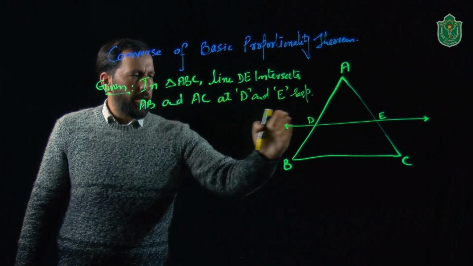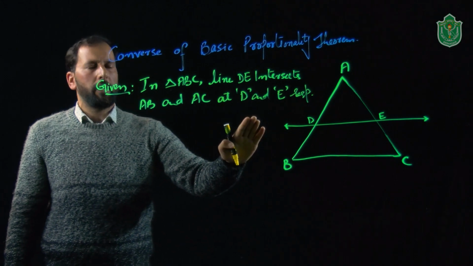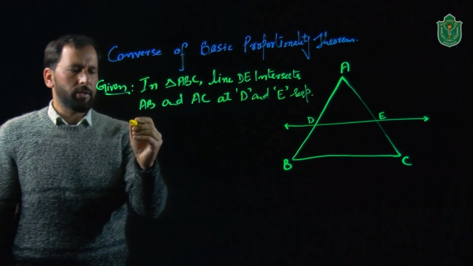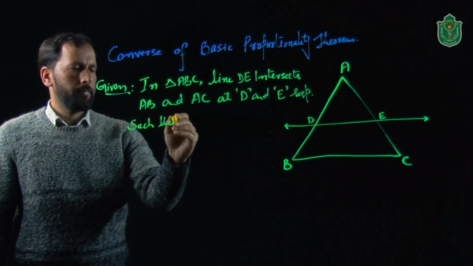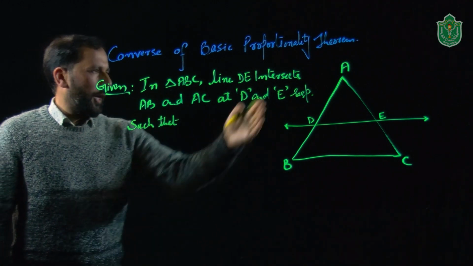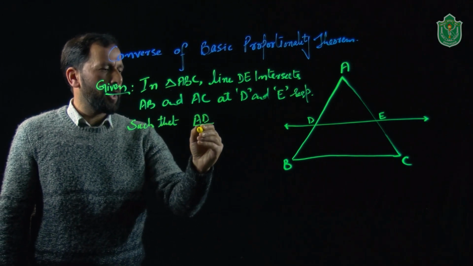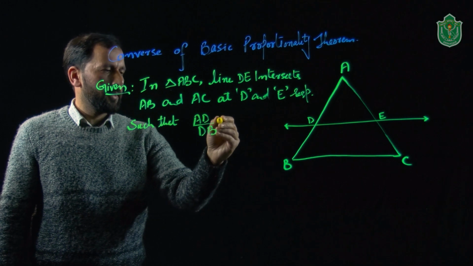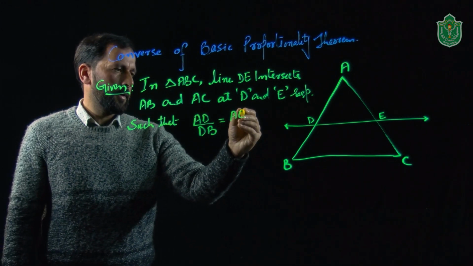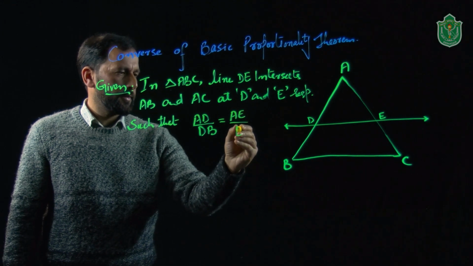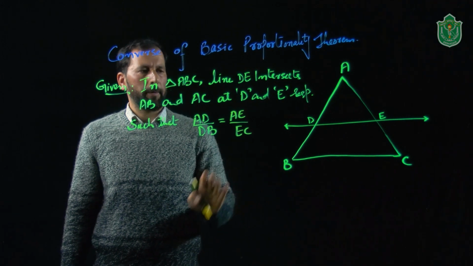So this line DE divides AB and AC at points D and E such that AD by DB is equal to AE upon EC. This is given in the statement of the converse of basic proportionality theorem.